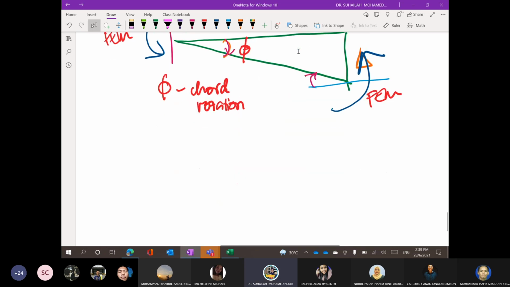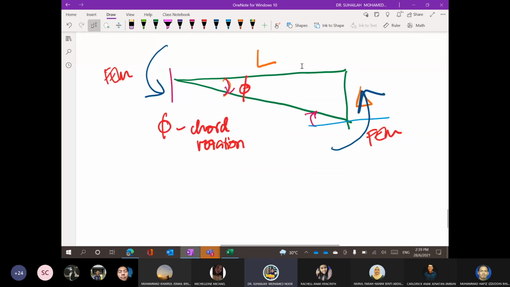Opposite means that whenever you want to identify the direction or the sign for FEM due to settlement, due to delta or due to side sway, the easiest way is to see the rotation, whether it rotates clockwise or anti-clockwise.